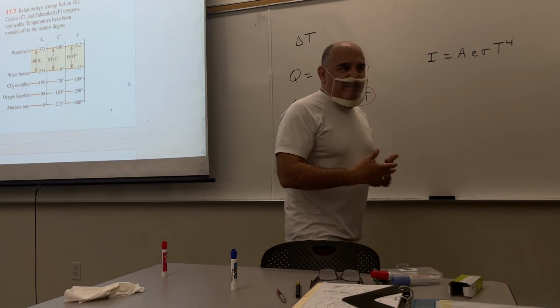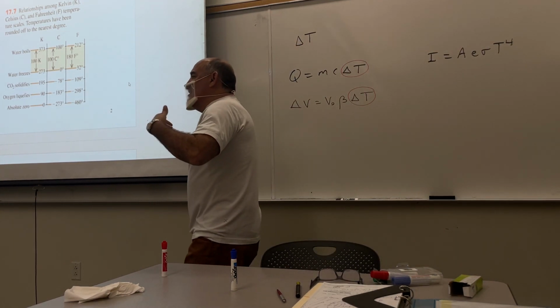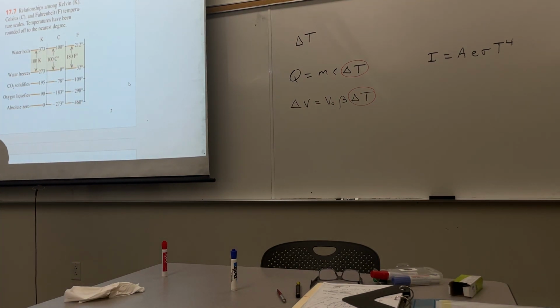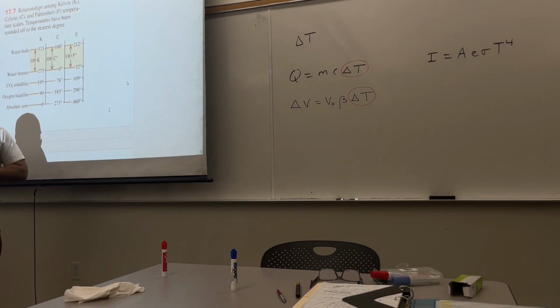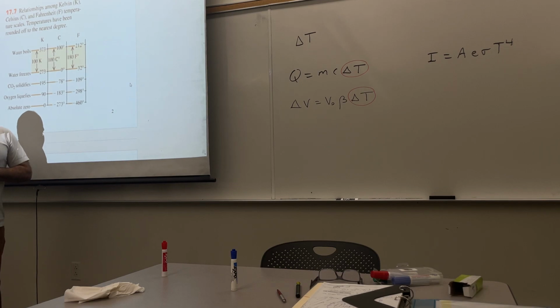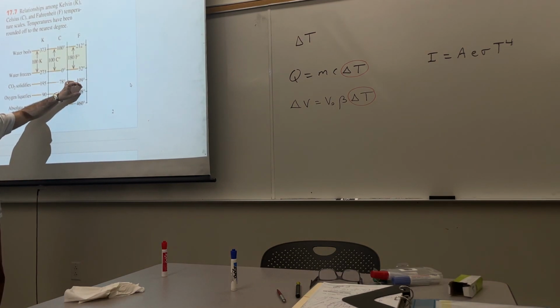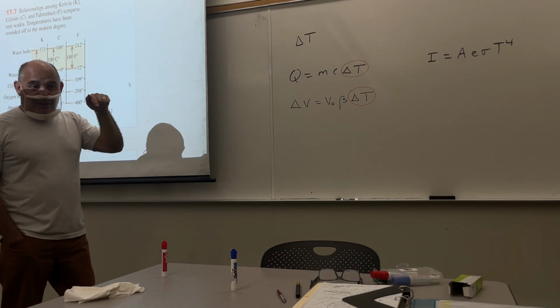So it saves time if you know that changes in the Kelvin scale are equivalent to changes in the Celsius scale. Now, if the initial and final temperatures are given to you in degrees Fahrenheit, the delta T in the Fahrenheit scale is not the same as the delta T in the Kelvin scale. So in that case, you'll have to convert.